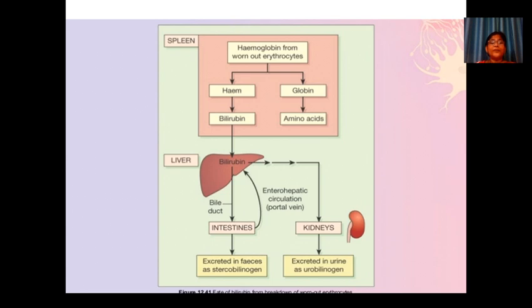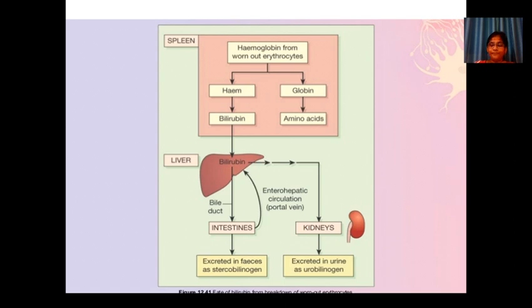This bilirubin from the spleen enters the liver, and through the bile duct enters the intestine, where bacteria convert it to stercobilin, which is excreted through the feces. Some is reabsorbed and enters the kidney, where it is excreted as urobilinogen. Extra bilirubin enters the liver again through the portal vein. Clear? That's all about the liver.